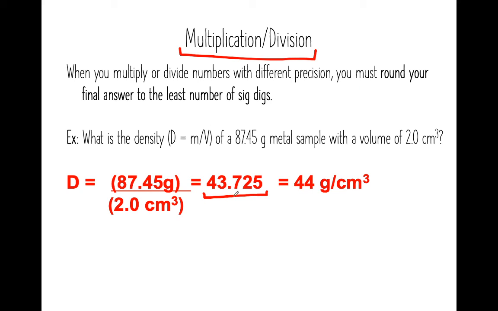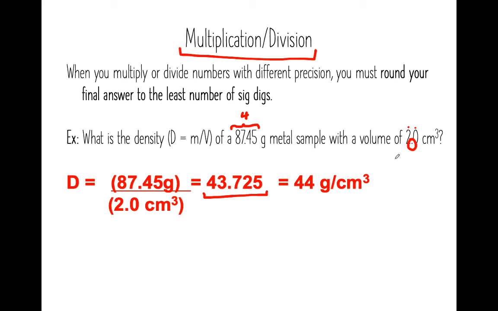Now, in terms of deciding what place to round to, I have to take a look at the significant digits of the numbers in my question. So in this case, all of these are non-zero numbers, so I have 4 significant digits here. Now in this case, I've got one non-zero number, and I've got a 0 to the right. And remember, the rule about the 0 to the right is that it counts if there's a decimal place.